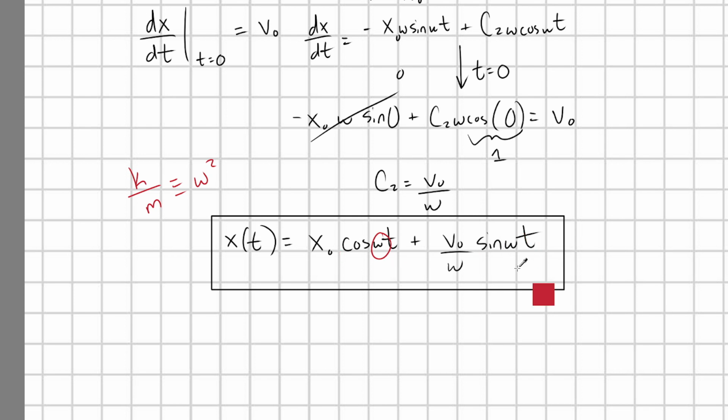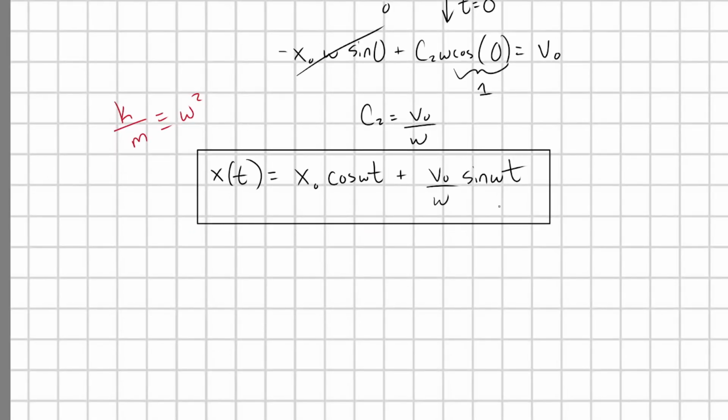The second thing that I want to mention is it's very common to see x as a function of t written in a slightly different form for an oscillator, as A cosine of omega t plus phi. Notice how we still have two constants.